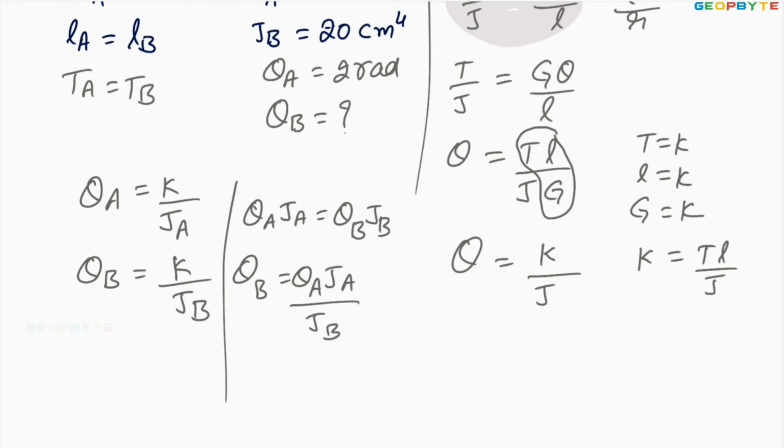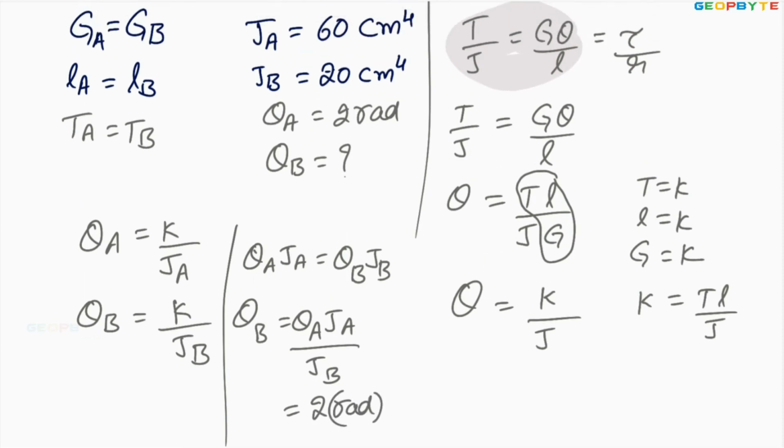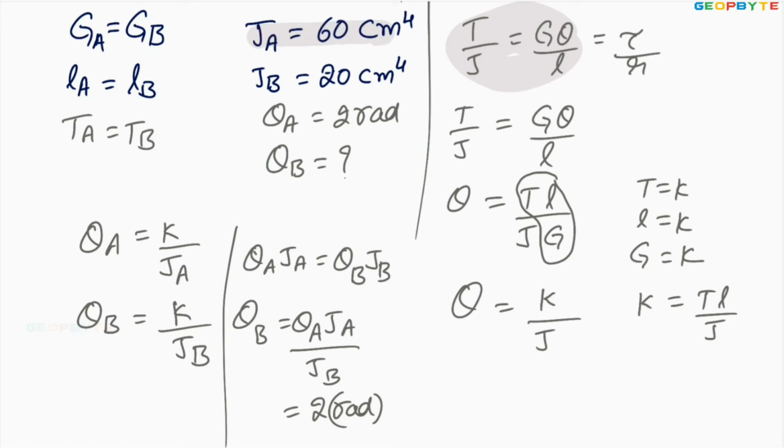Theta A is given as 2 radians, multiplied by JA. Look at the JA value: JA is 60, divided by JB.